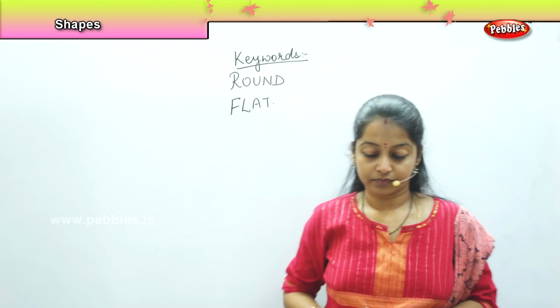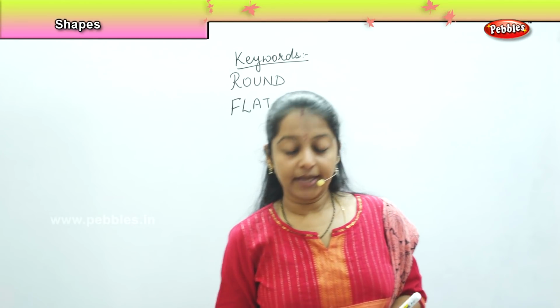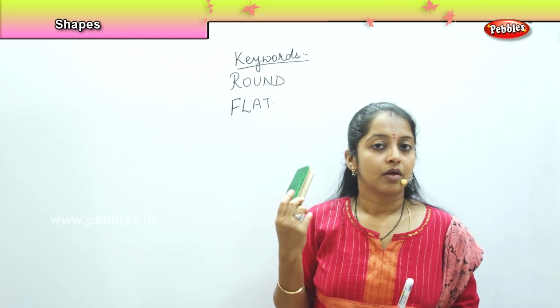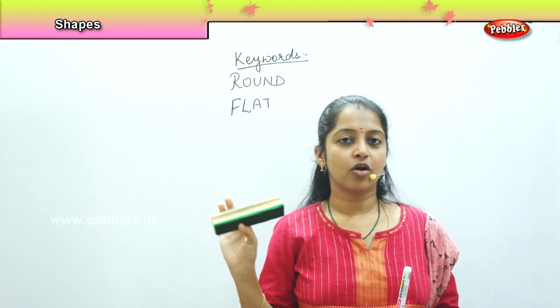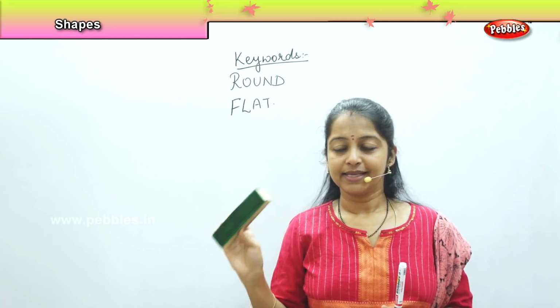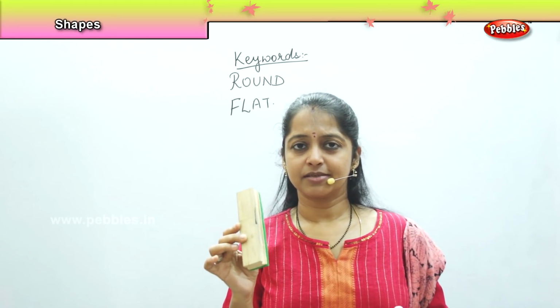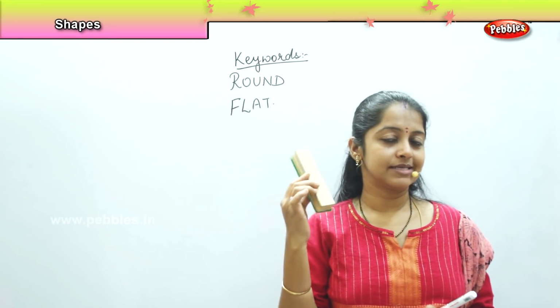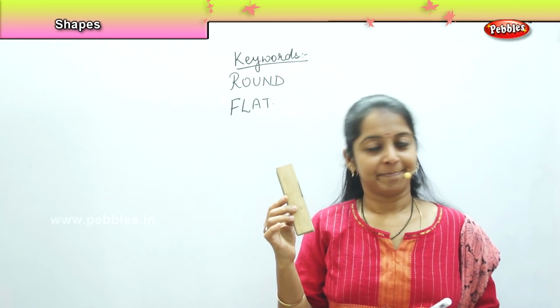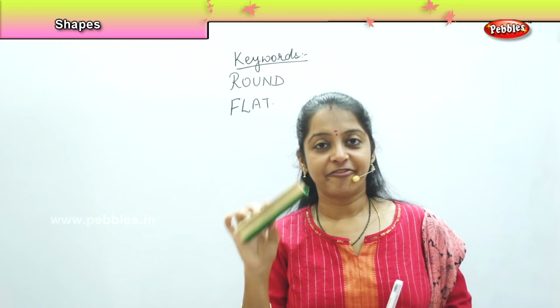Now, when I take this particular object, what is this object called? Yes, this is a duster. And what is the shape of this? Is it round or is it flat? Very good. This is flat.